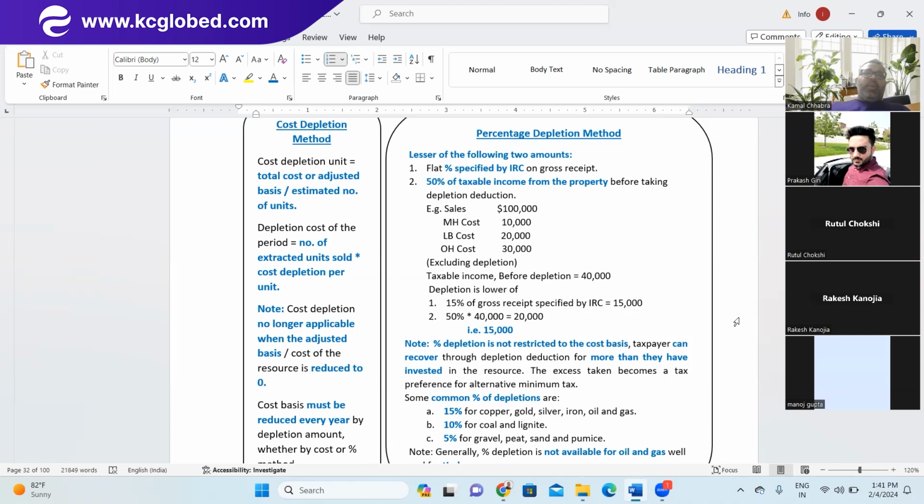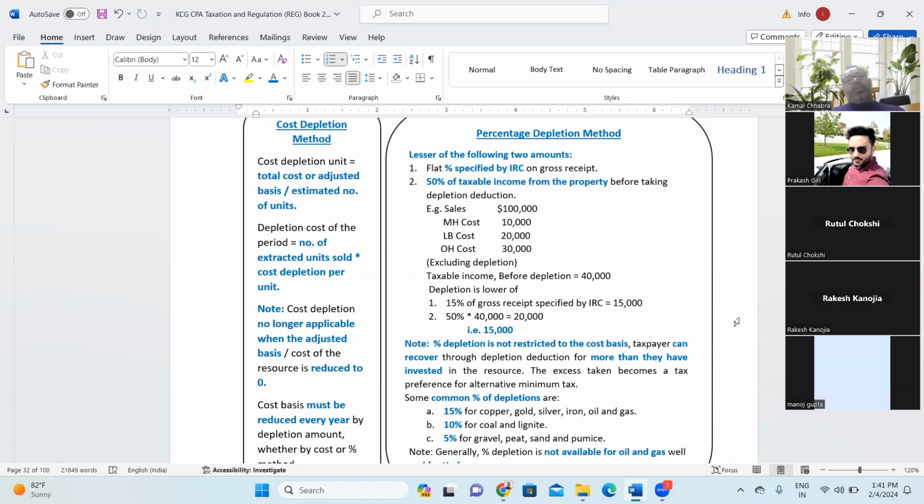So how will you calculate? It will be equal to the total cost or the adjusted basis divided by the estimated number of units you are expecting to extract, right? If it is a coal mine, how many metric tons of coal will you be extracting? If it is an oil well, how much oil are you expecting to extract?